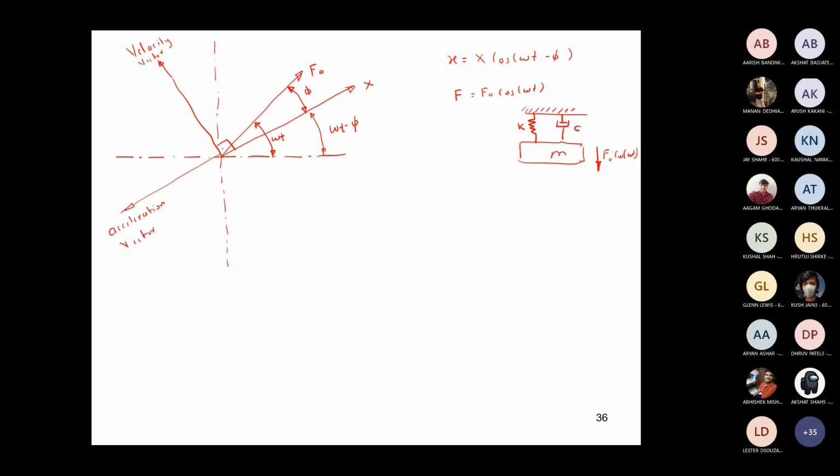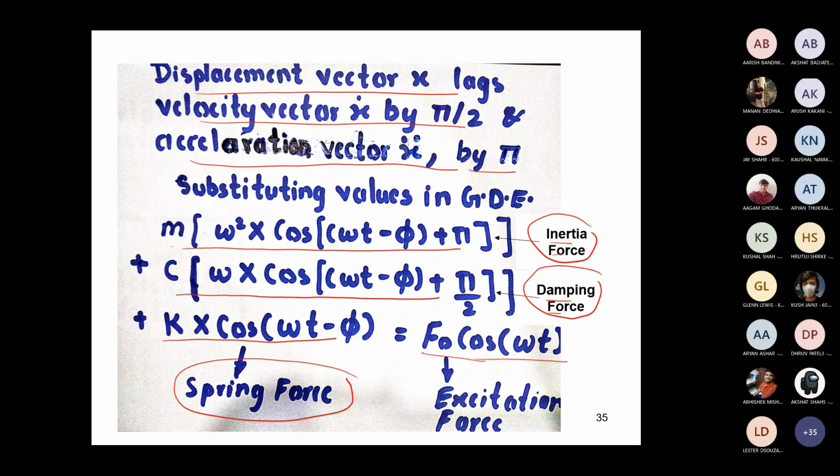Now with this, we have three forces, right? The inertia force, the damping force, and the spring force. The spring force will be opposite to the displacement. What about the inertia force? Inertia force will be opposite to the acceleration.